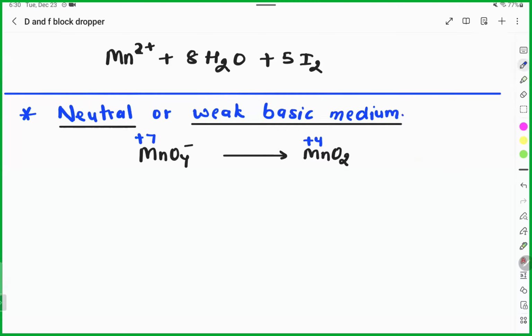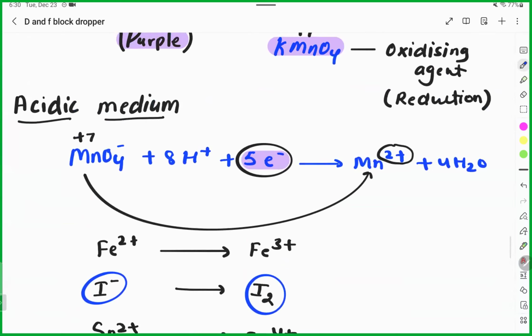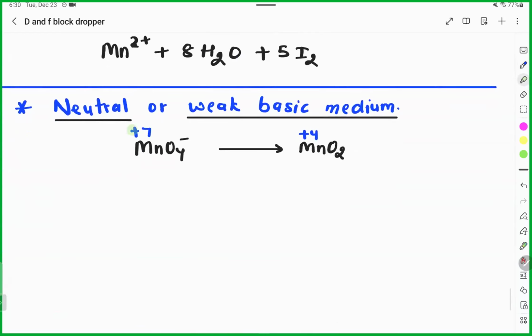Why is it special? Because in the case of acidic medium, it was from 7 to 2. Now it is from 7 to 4, so less intense. That's why you will see there is a difference. And here you will have OH⁻ ions because of the basic condition.